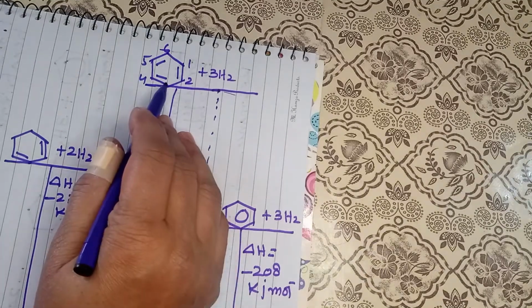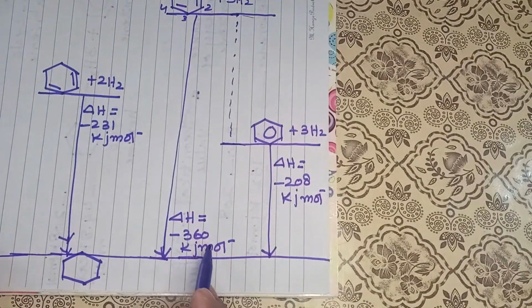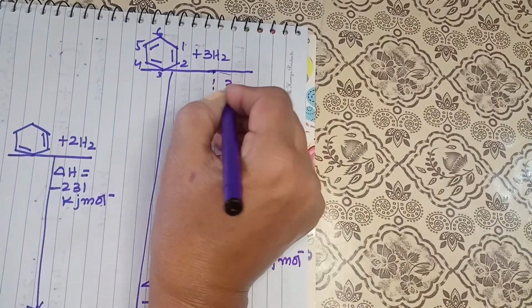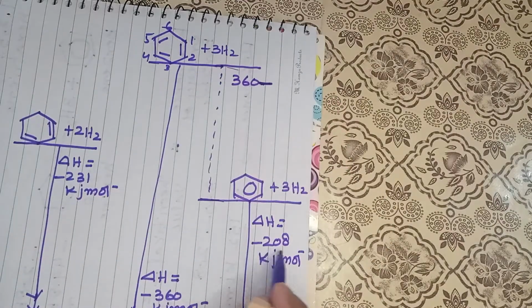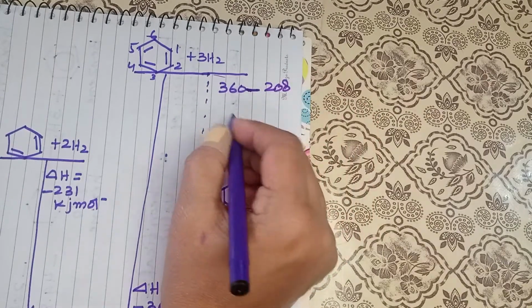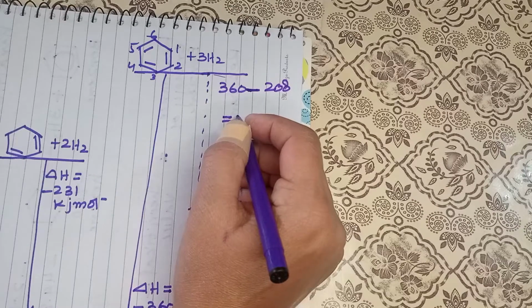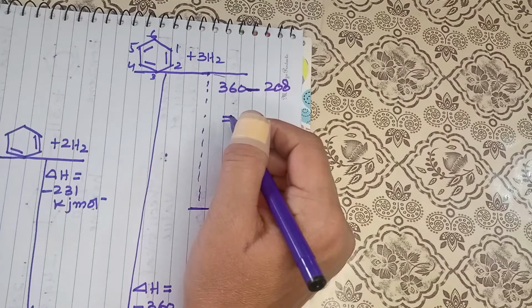What is the heat of hydrogenation of cyclohexatriene? It is 360 kilojoule per mole, right? So we will take the difference here, 360 minus the heat of hydrogenation of benzene, 208. It would become 152 kilojoule per mole.